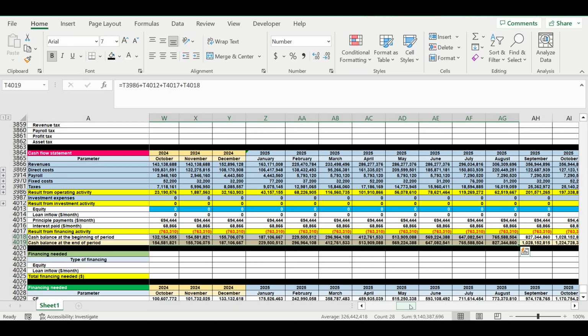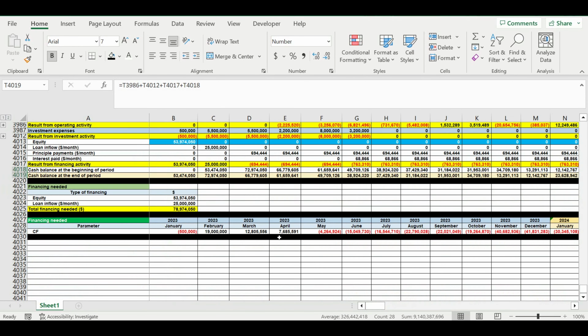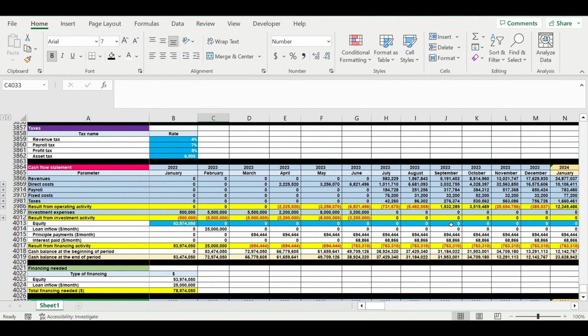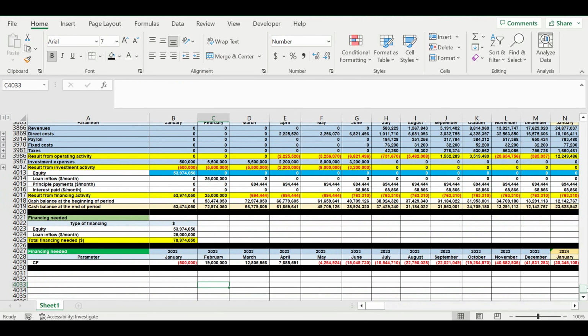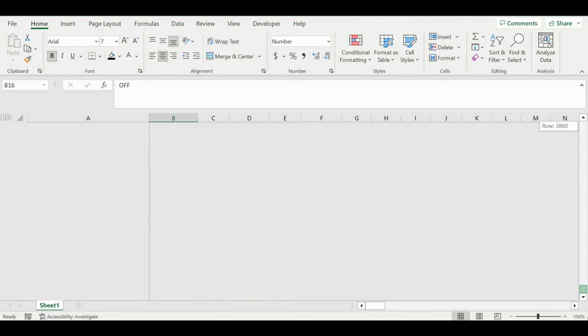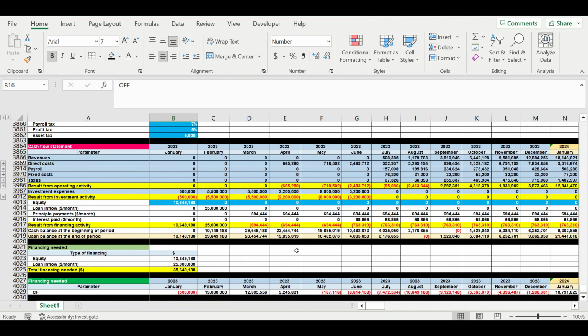So what we are fighting for, we can go to any input. So for example, if we switch off product, let's say A, from calculations, we can simply go back and see how much financing we need in this case.